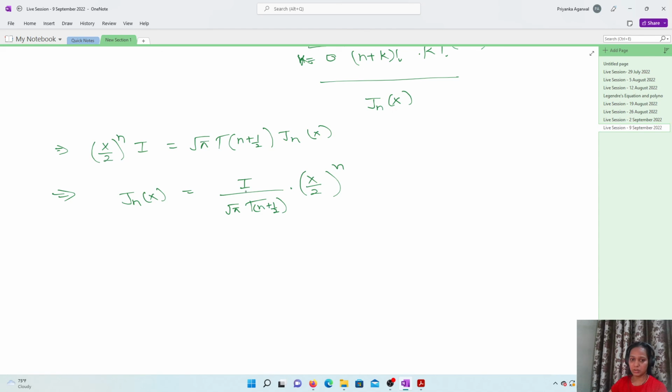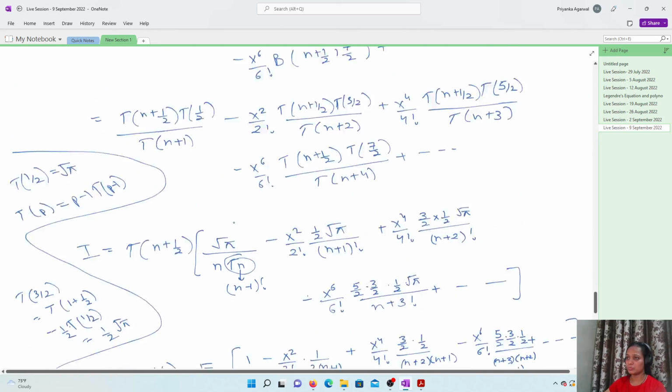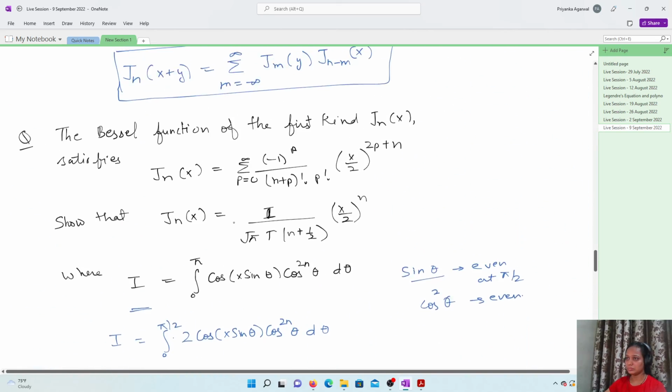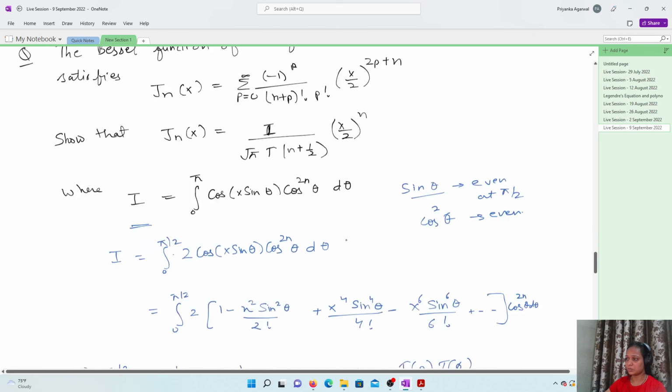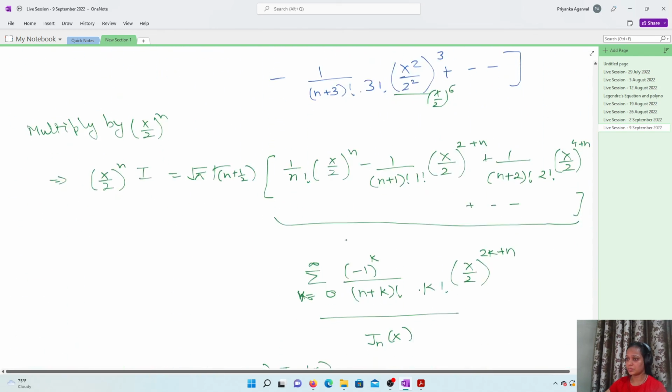And I, we already know the definition. So this is what we have to prove, that Jn of x equals I over root pi gamma n plus 1 by 2 x by 2 to the power n.